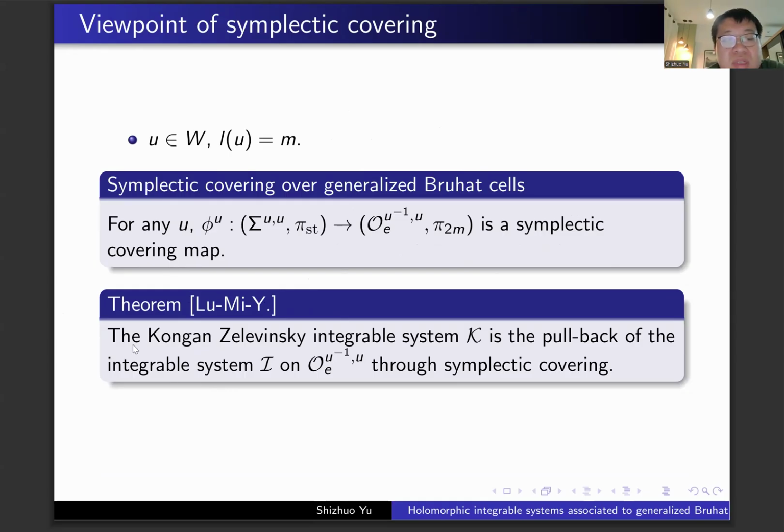And actually, the Kogan-Zelinsky integrable system K is just the pullback of the integrable system I through the symplectic covering. So now we can see that the Kogan-Zelinsky integrable system is just the pullback of the integrable system on the generalized Bruhat cells.